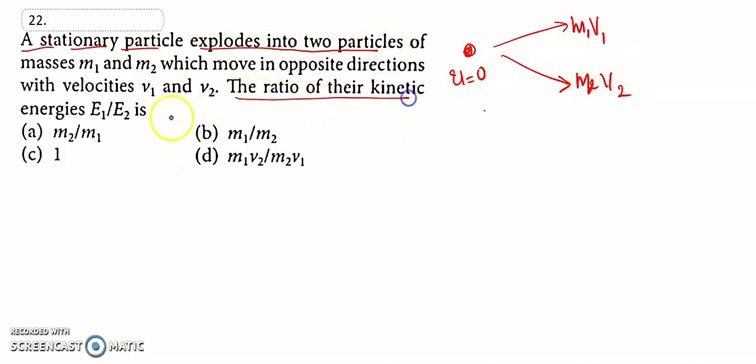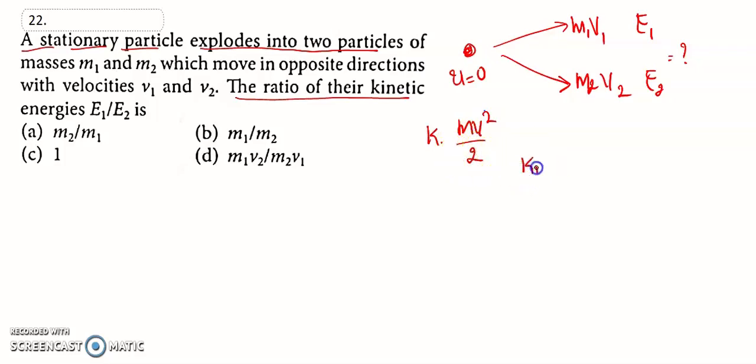The ratio of their kinetic energy. So kinetic energy E1 by E2 is equal to question mark. So kinetic energy formula: we know that kinetic energy is equal to mv square divided by ಏನಿದೆ ಇಲ್ಲಿ 2.